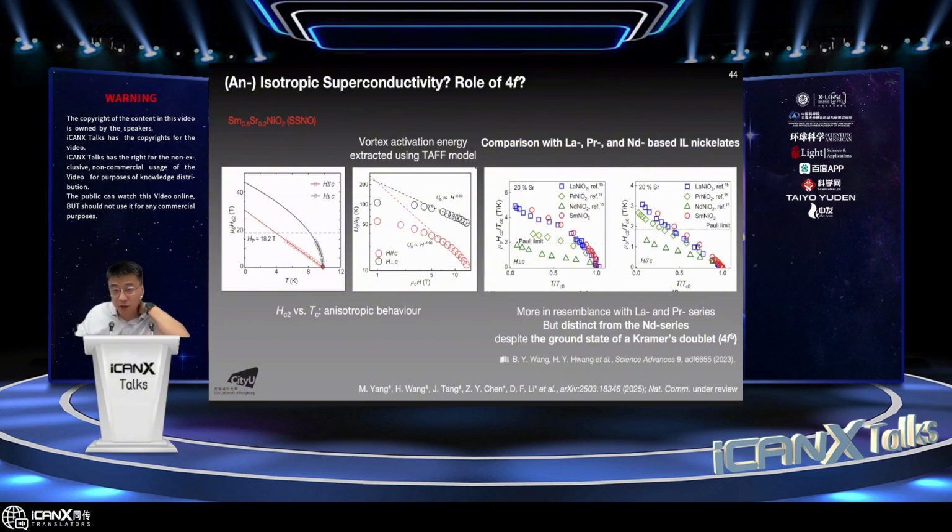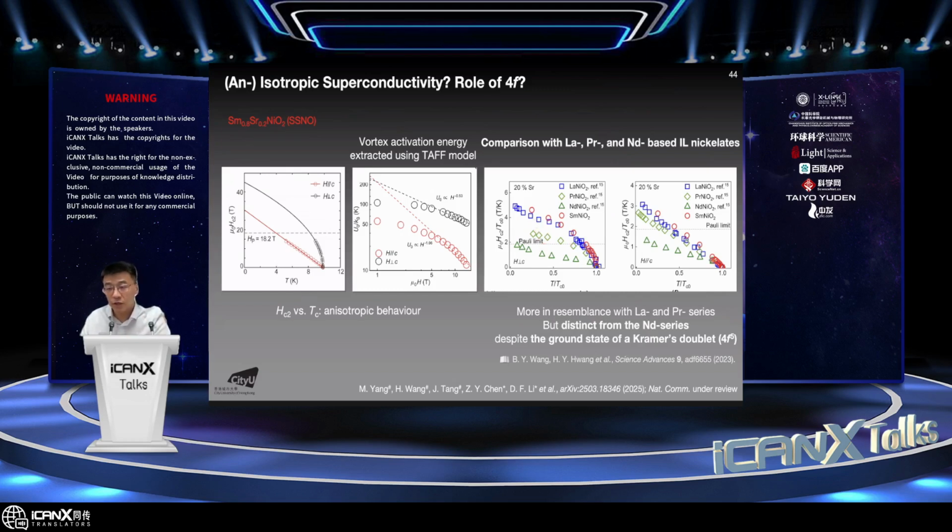In this plot, I'm showing you a comparison between all these rare earth nickelate systems, where you can clearly see that for neodymium, the upper critical field along two different directions is below the Pauli limit. While for other systems, for lanthanum, praseodymium, including samarium, they all show behavior that at low temperature is above the Pauli limit.